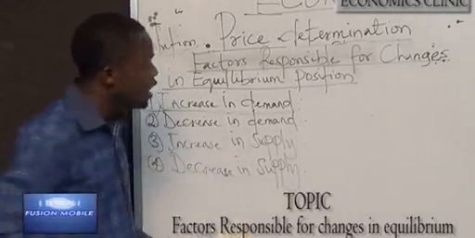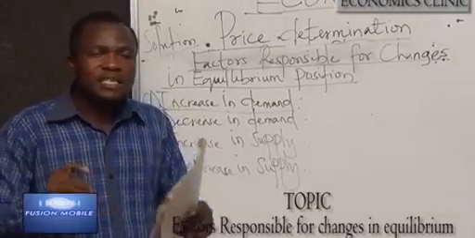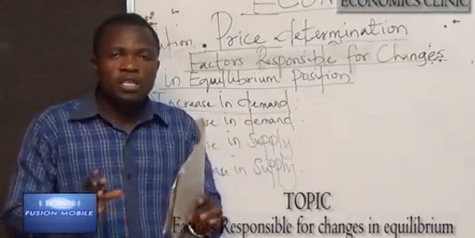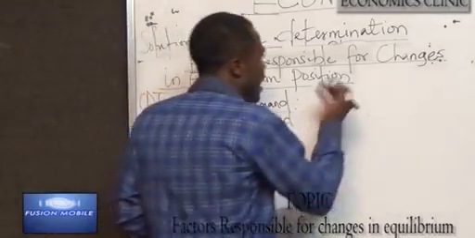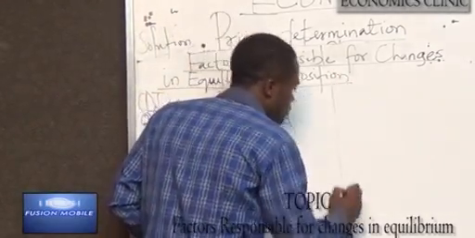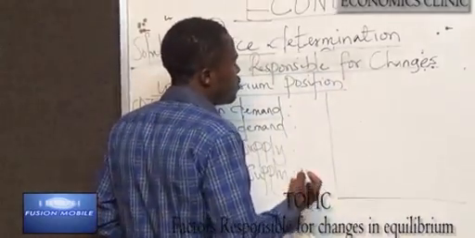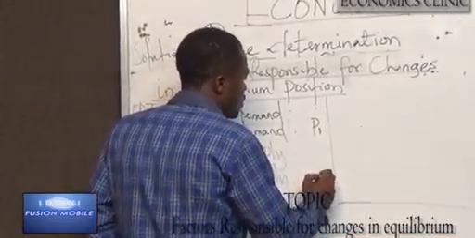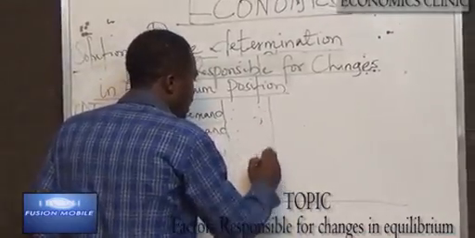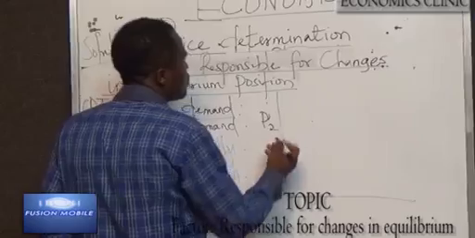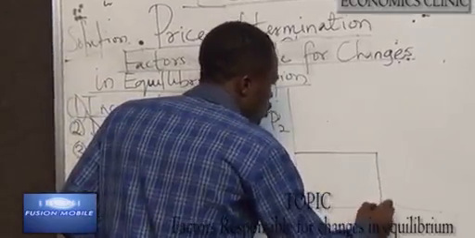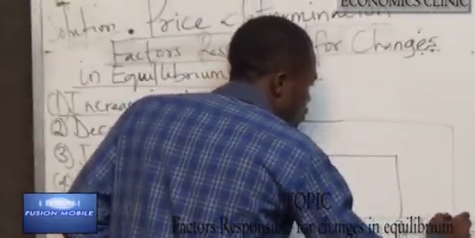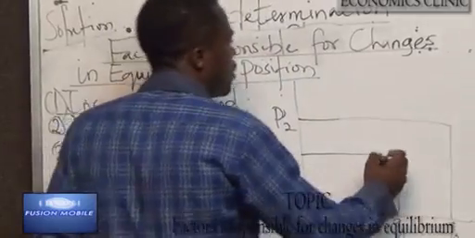Now for increase in demand, when there is an increase in demand, there is a bodily shift of demand from one point to the other, which can be depicted as represented in this graph, where we have price P1, price P2, drawn to Q1, this one also drawn to Q2.